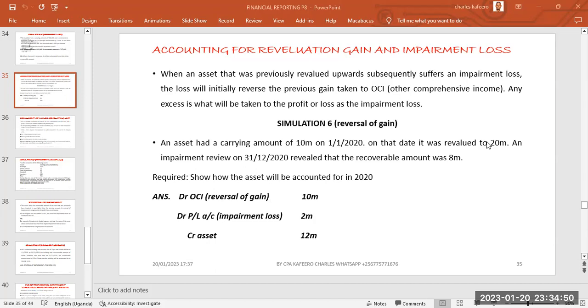We debit it by 10 million and we credit the OCI, that is the statement of other comprehensive income, and it is that part that comes immediately after the net profit has been computed. So in the income statement, that is shown after the net profit. Then in the balance sheet it is presented as an equity component, as a revaluation surplus in the equity section.